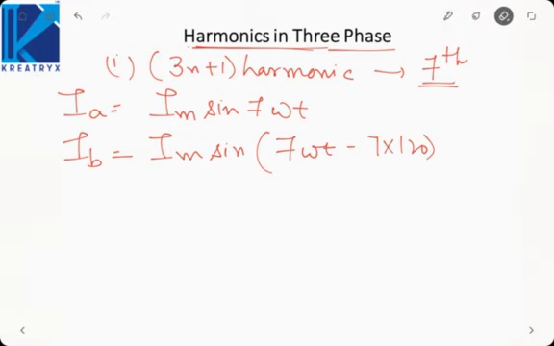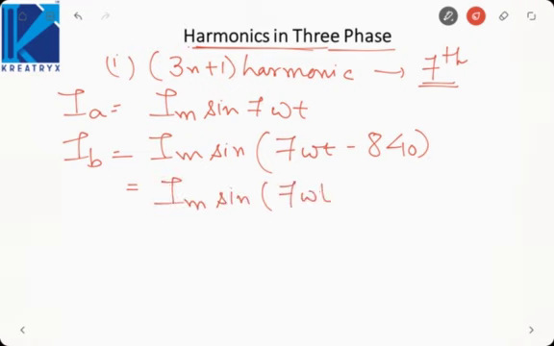7 into 120 can be written as simply 840. Okay. Now 840 is 720 plus 120. So I can write it as 7 omega t minus 120. Because 720 plus 120, 720 is 360 into 2.